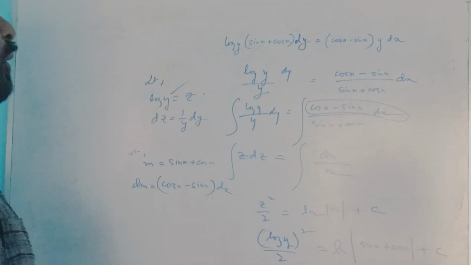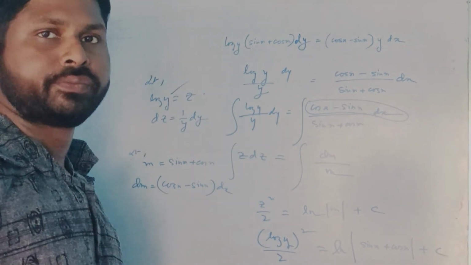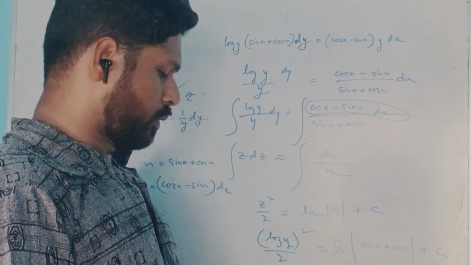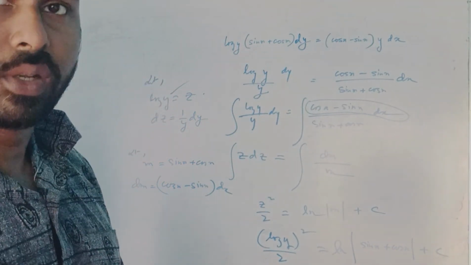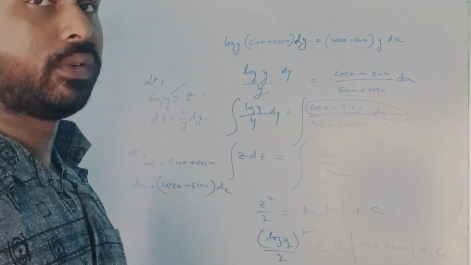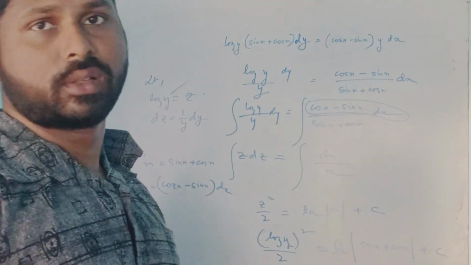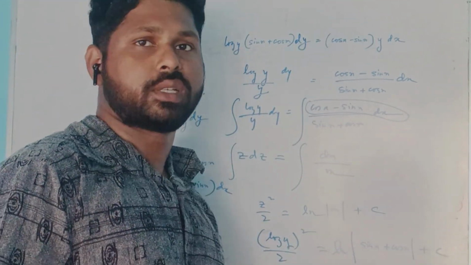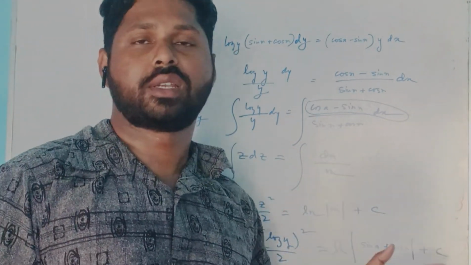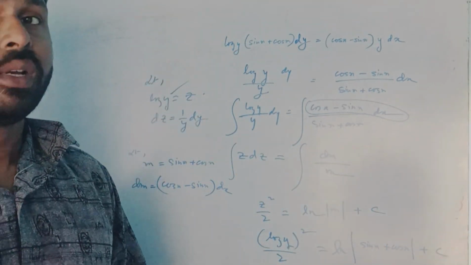That is the solution of that differential equation. So that's how we do the solution of equations by separation of variables. We have to separate x and y, and then solve using different methods of integration, right? This is the method of solution of differential equations by separation of variables.